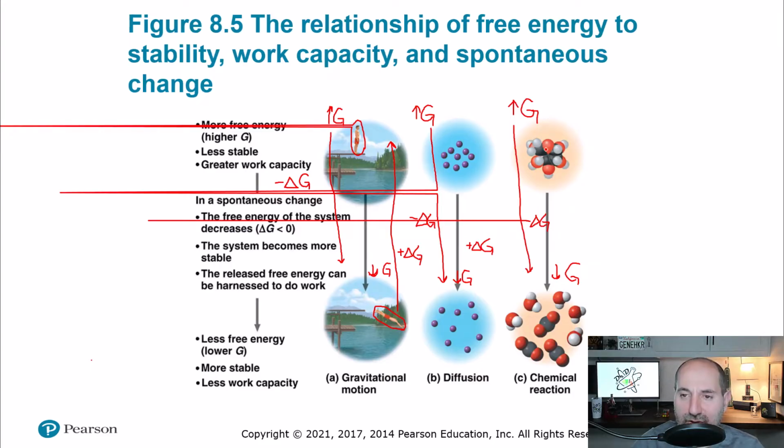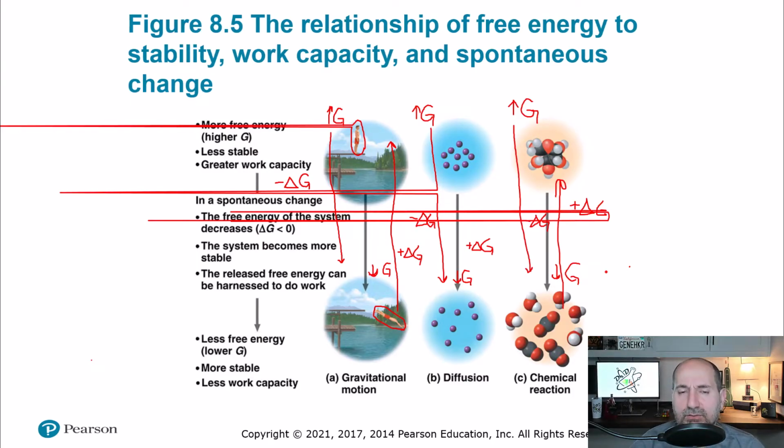And what if you made a sugar molecule from CO2 and water? That would also be going back up, right? So that would be a positive change in G. Did you see that? I'm sorry, I don't know why this thing doesn't draw well on PowerPoint.